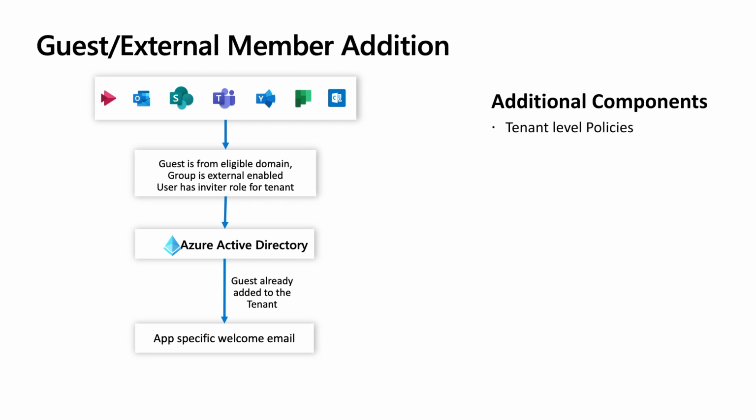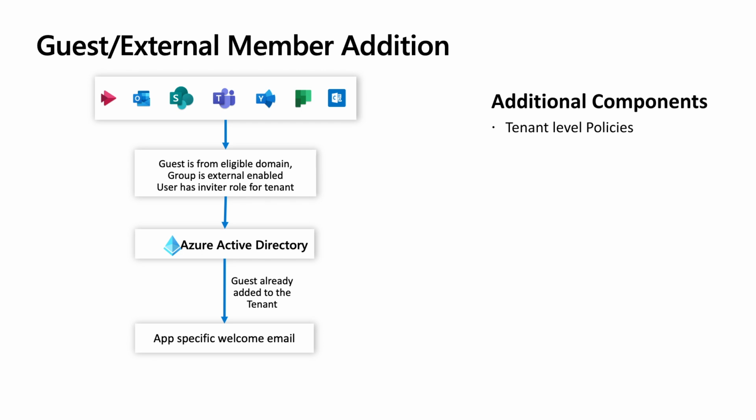So from an architectural standpoint, what is the first step we consider when a guest is about to join a tenant? It is the tenant level policies. There are policies that define eligible domains, meaning which are the domains or companies from which this guest can be invited. Second is the group level policies. As an admin, you can define which groups can have external members and which groups cannot.